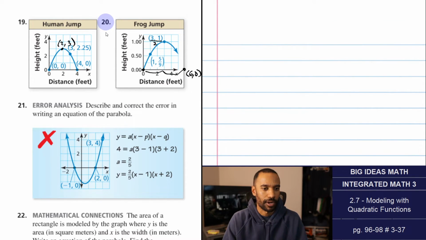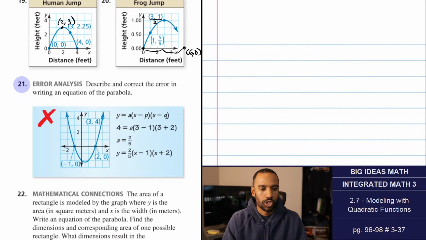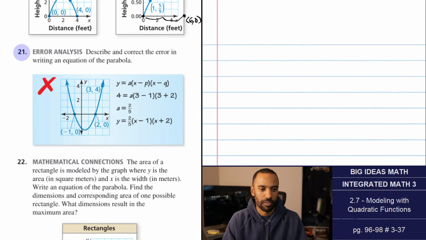number 21, error analysis. Describe and correct the error in writing an equation of the parabola. So they went for intercept form. Okay, I can see it. They have -1 and +2 instead of the other way around.